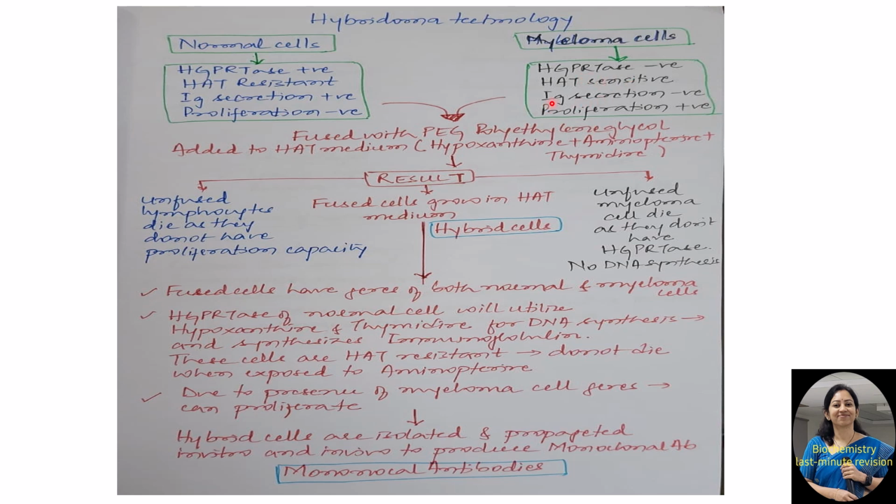They cannot synthesize immunoglobulins, but they have the capacity to proliferate. So the only plus point of myeloma cells is the ability to proliferate, whereas the plus points of the helper T cells from the mice are that they can secrete immunoglobulins, they are HAT resistant, and they possess the enzymes for synthesis of purines.